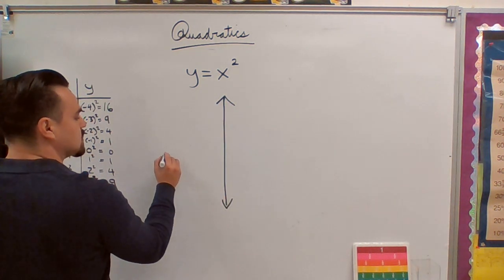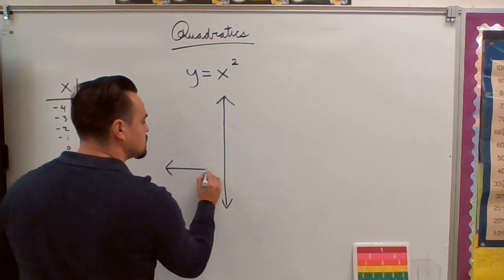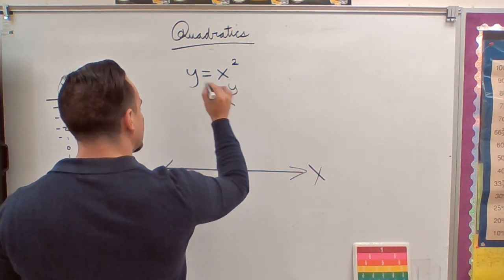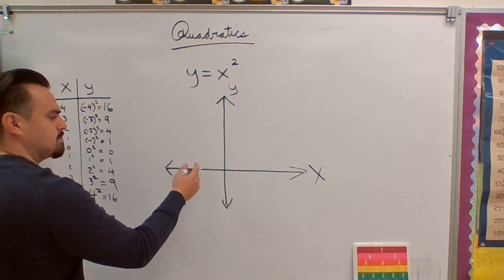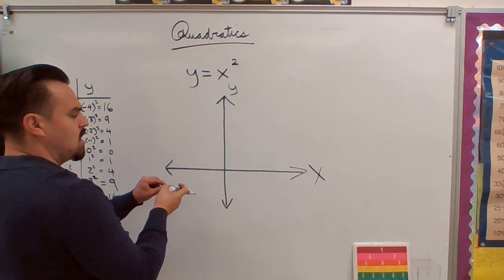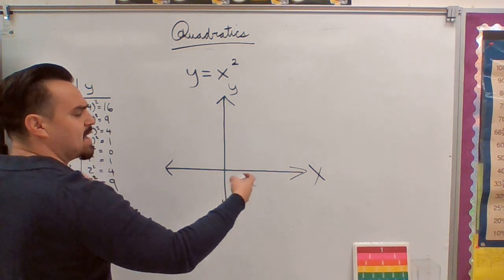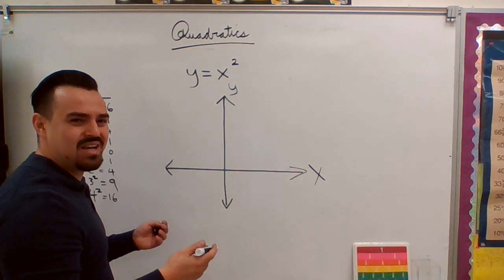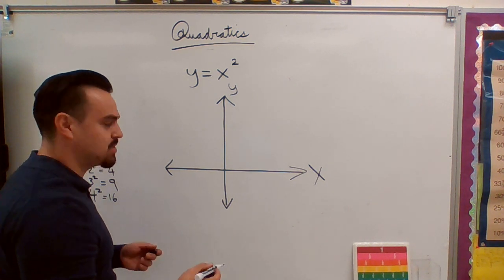Now, the more interesting part, let's graph them. Let's graph these points. We got our x, we got our y. These will not be drawn to scale. I'm going to widen out my x-axis a little bit and shorten my y-axis a little bit, just so that you guys can see the visual representation.